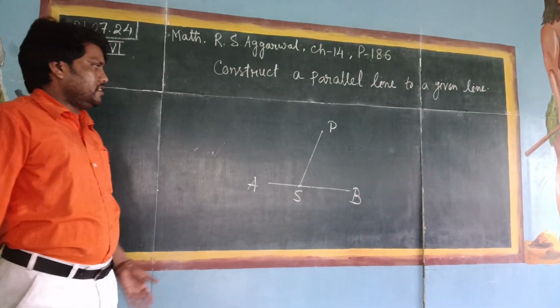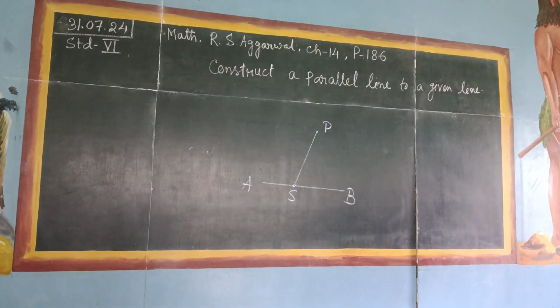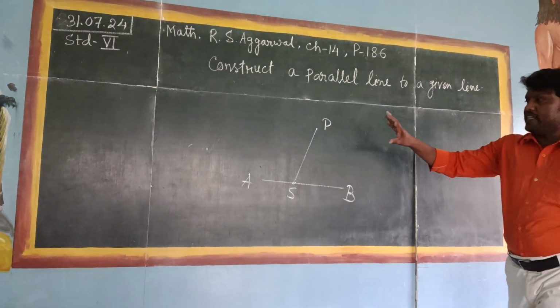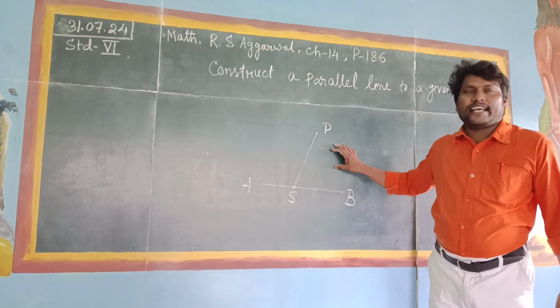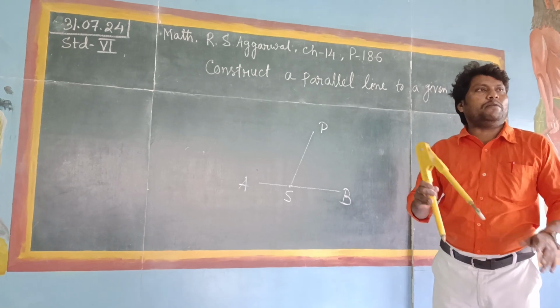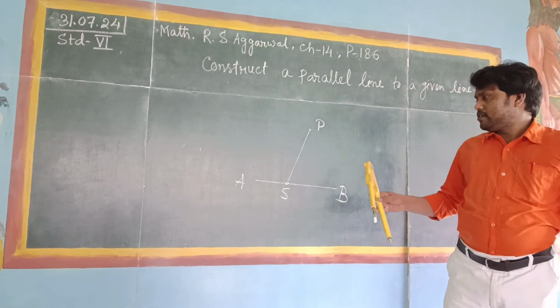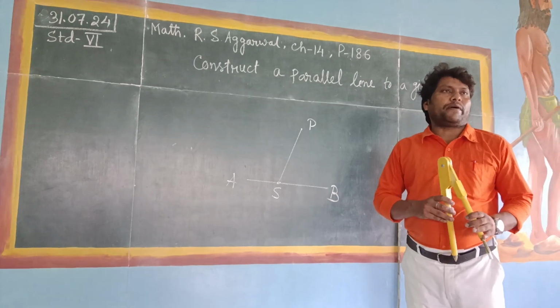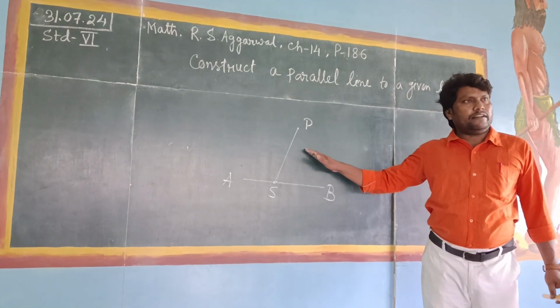This is step 4. Up to this portion I have used only the scale. The next instrument will be the pencil compass. Okay, done everybody up to this portion?